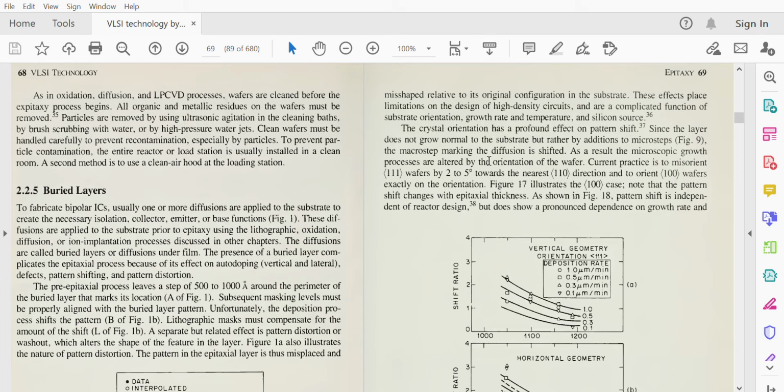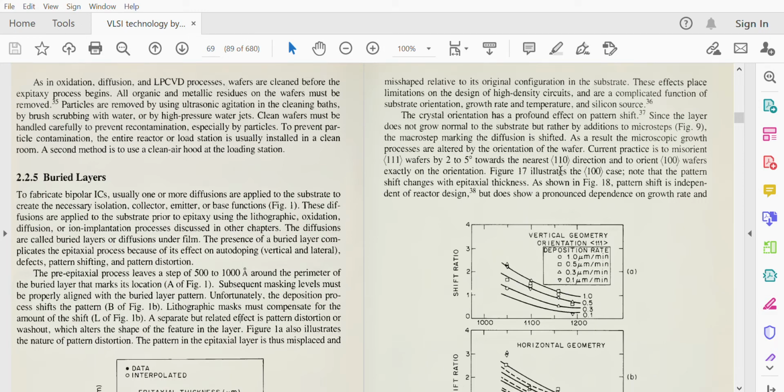It can be in the x direction, the xy direction, or xyz, in all the directions. If you are taking the 100 plane, then you are concentrating on x. If you are taking 110, then x and y. If you are taking 111, then x, y, and z in all the directions.